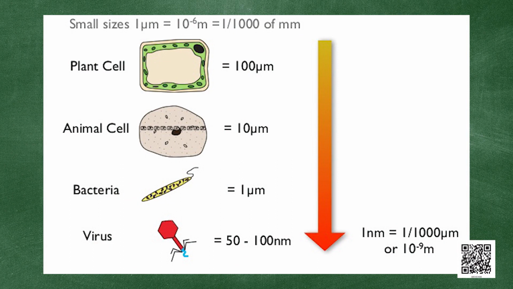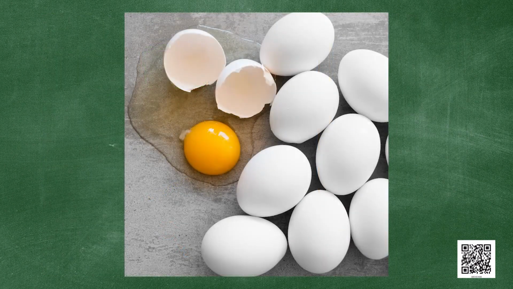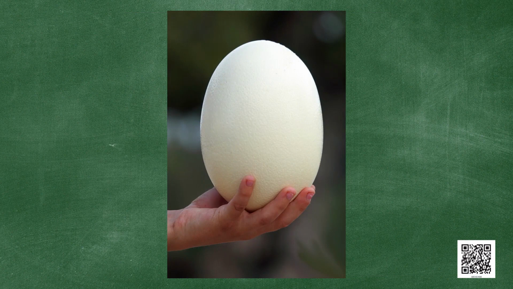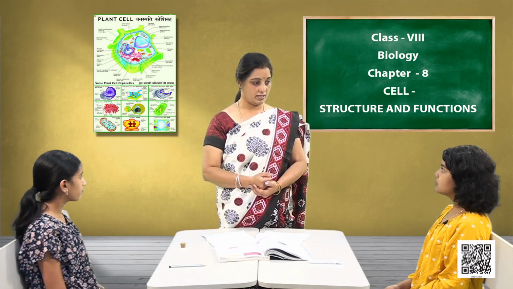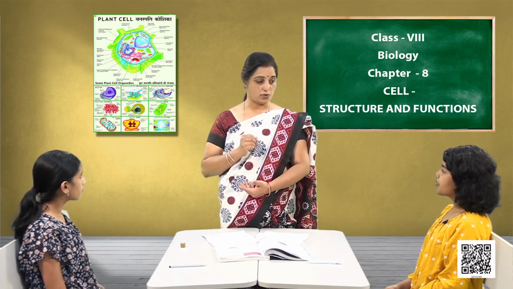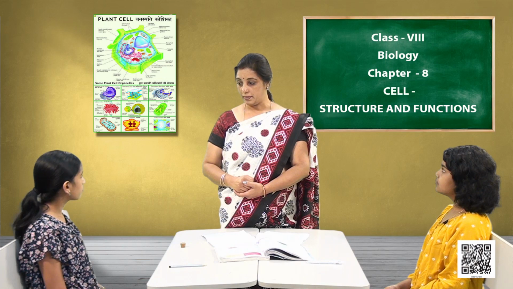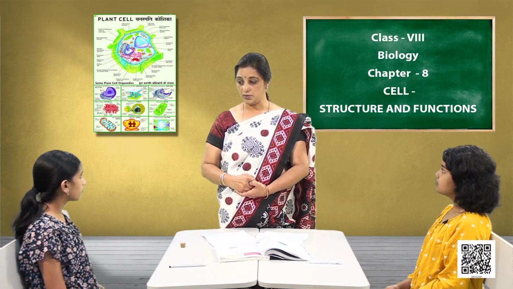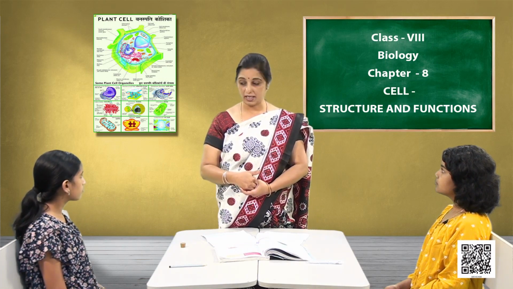So you can see an egg cell. Egg is a macroscopic structure, that is a cell. You have seen ostrich egg, it's the biggest. So in that way, some of the cells you can see. Otherwise, these cells which are microscopic, you need an equipment to see. What is that equipment?